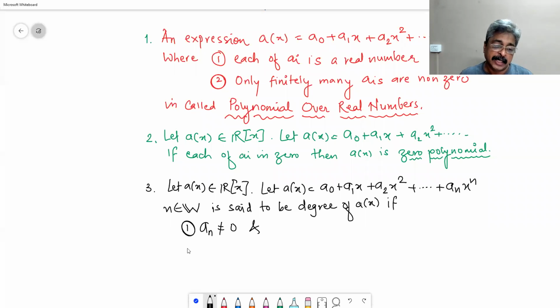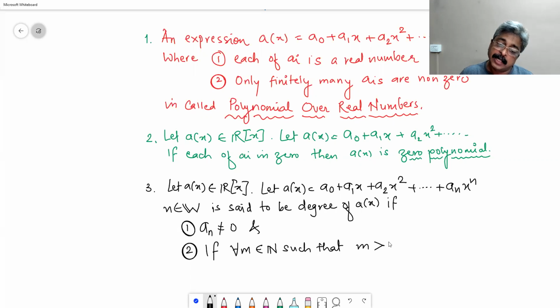And second, if for every m belonging to the natural numbers such that m is greater than n, a_m is equal to 0.